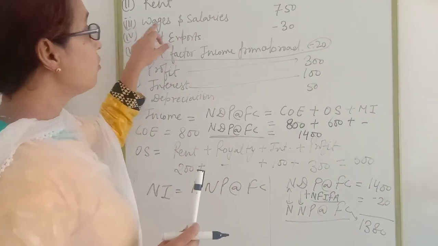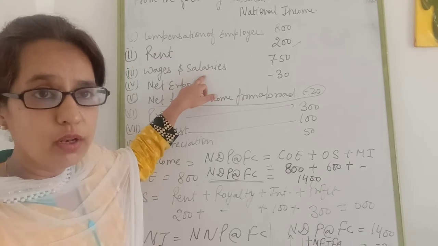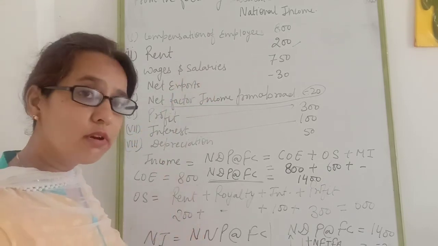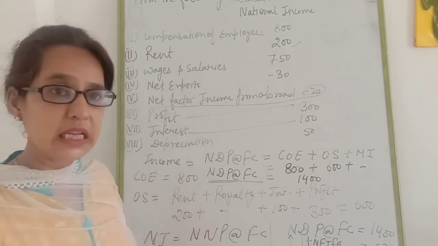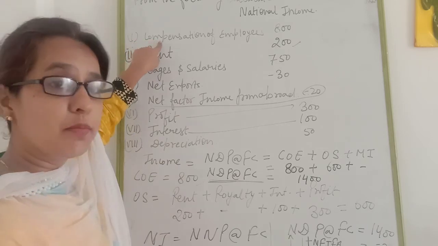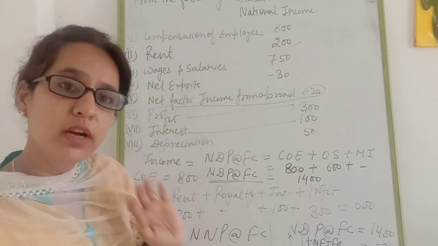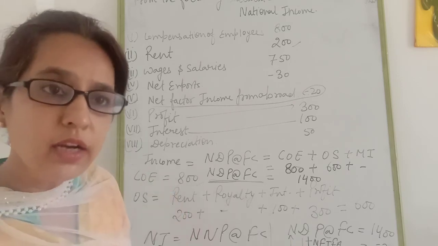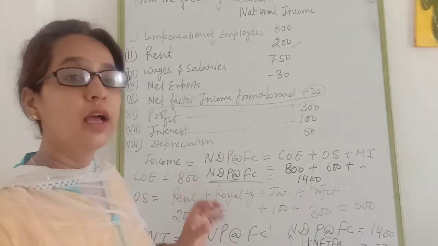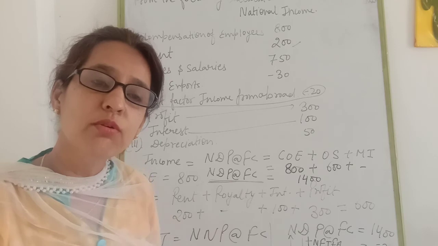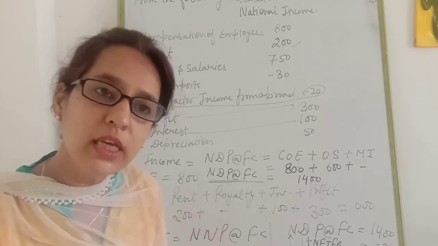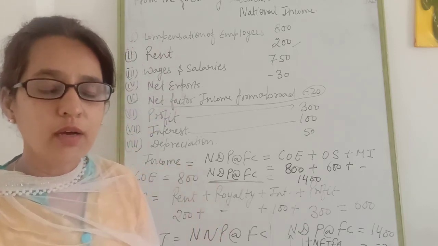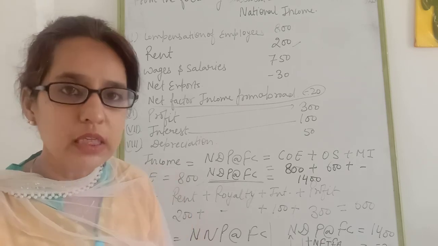In this question, wages and salary are also given, but we are not required to use them, because compensation of employees is already given. So don't get confused. Whatever terms I told you for the method, you have to use only those terms. Other terms you have to leave.